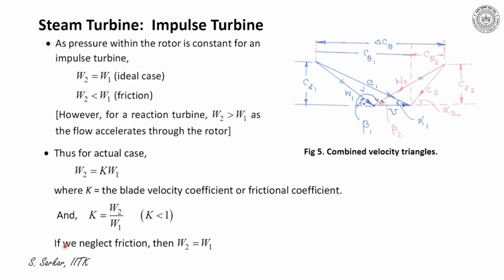Thus, K is equal to W2 by W1, where K is less than 1 considering the friction. If we neglect friction, then W2 would be equal to W1.